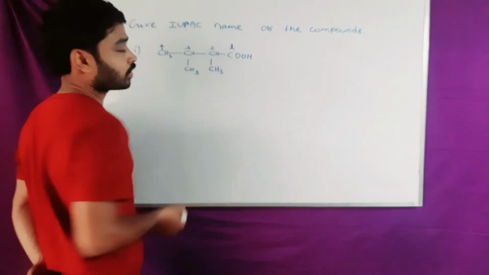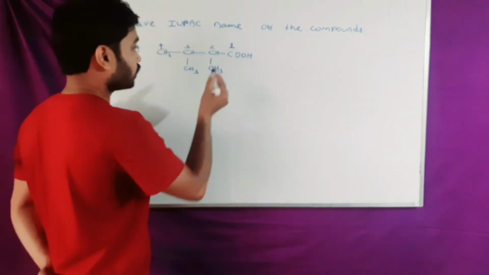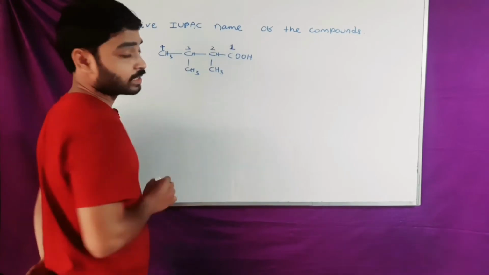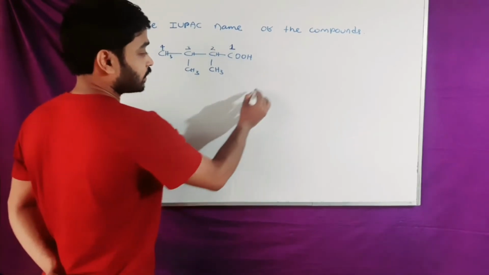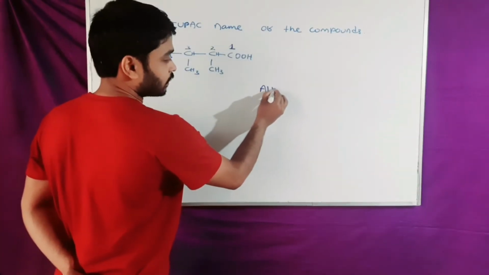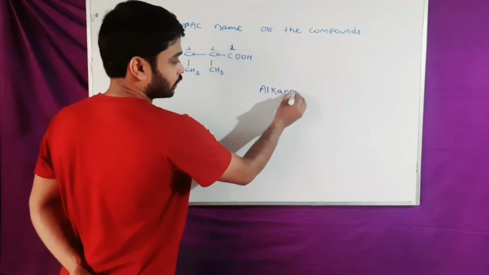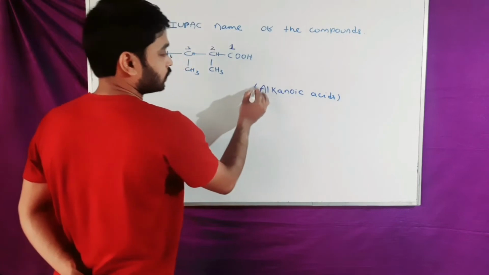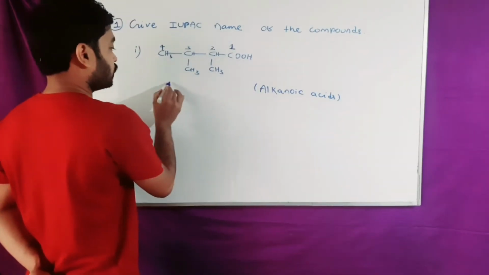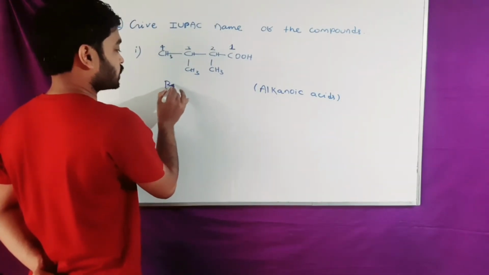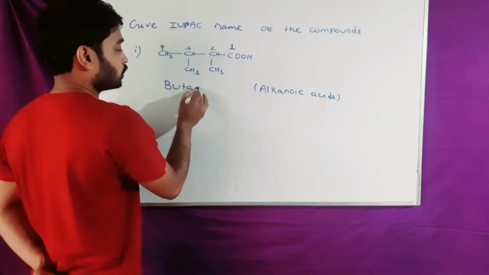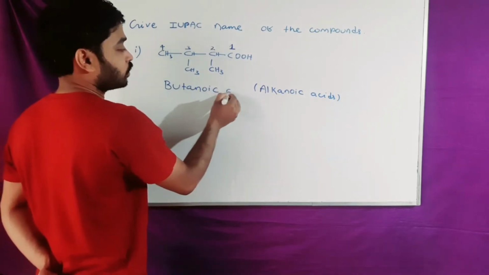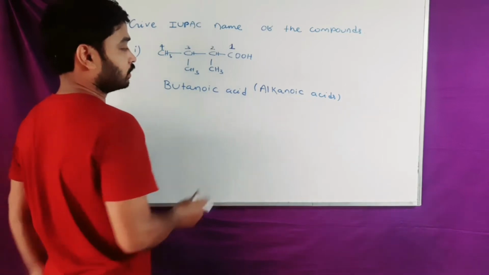it is the longest chain or the parent chain, and you know that the carboxylic acid has the IUPAC name alkanoic acid. That's why the name for the parent chain will be butanoic acid.